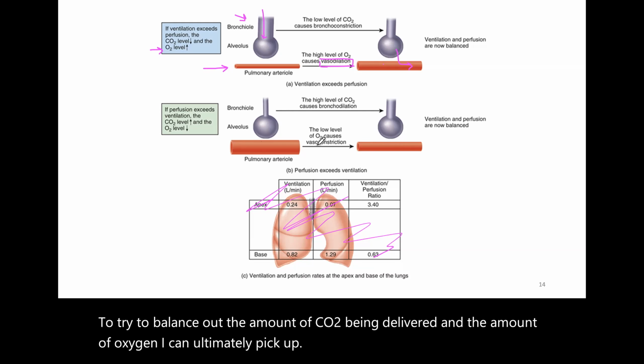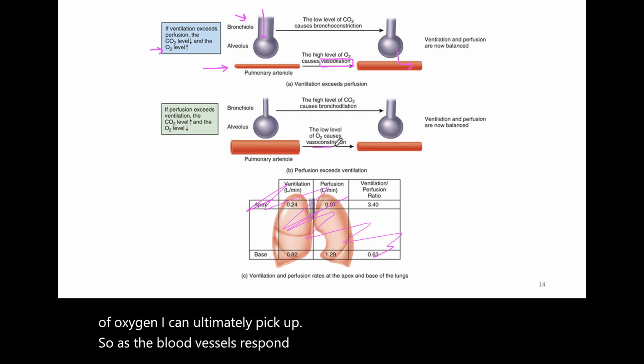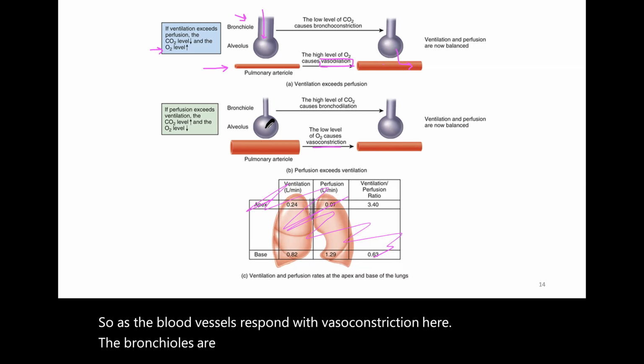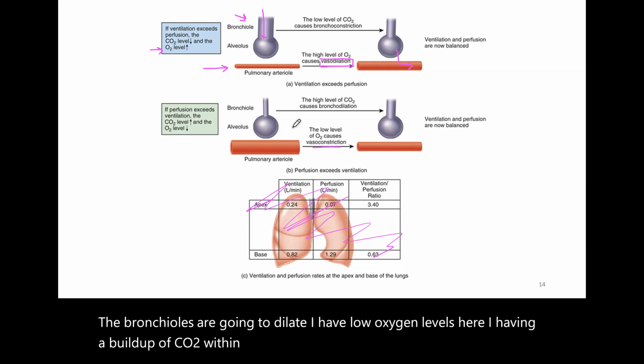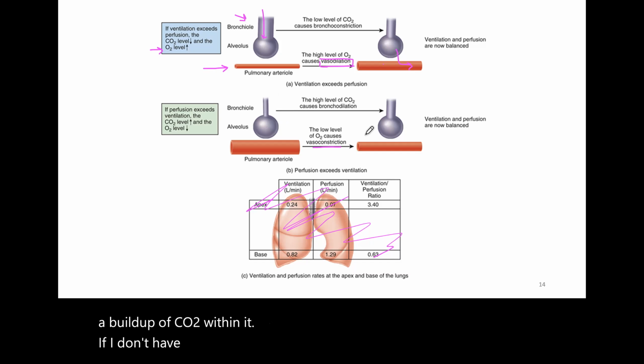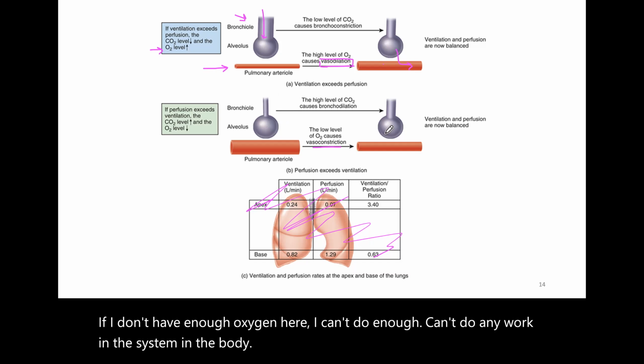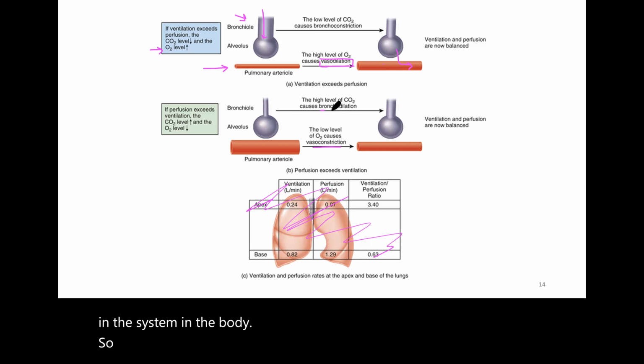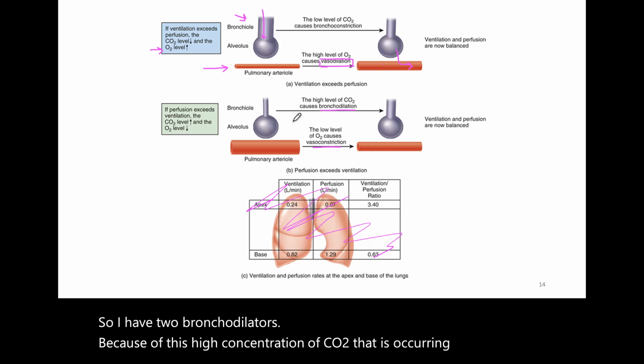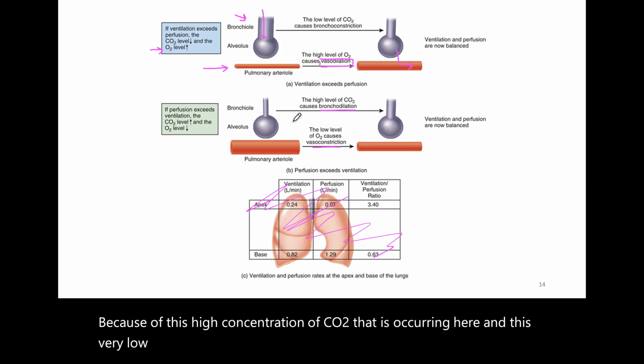So as the blood vessels respond with vasoconstriction here, the bronchioles are going to dilate. I have low oxygen levels here. I'm having a buildup of CO2 within it. If I don't have enough oxygen here, I can't do any work in the system, in the body. So I have to bronchodilate because of this high concentration of CO2 that is occurring here and this very low concentration of oxygen.